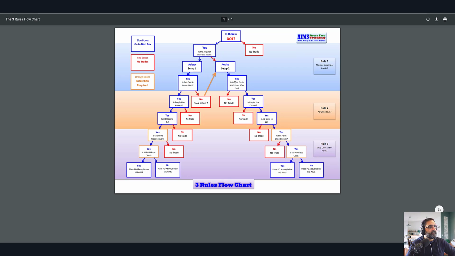Right. So this actually has to do with the dot mechanism, which I know you don't follow. But if you were to follow the dot mechanism, you look at the dot, and it's slightly confusing now, because this flowchart was originally written before we encoded, thanks to Steve, who coded this mechanism into the AIMS entry alert v5.1, that now, if you look at the dot and you come to this point, is the dot candle inside AIMS?